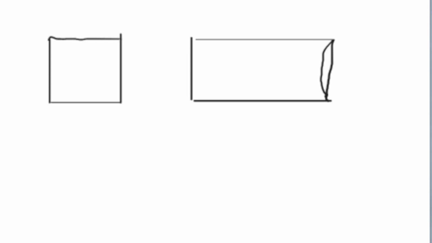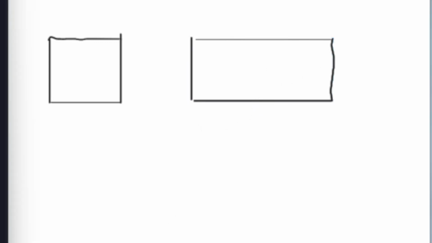The reason I'm using the pen I'm using, I need to get a proper app for this. I could do that, but let's say that it's not drawn to scale. It's not perfect. So this is a square and this is a rectangle.